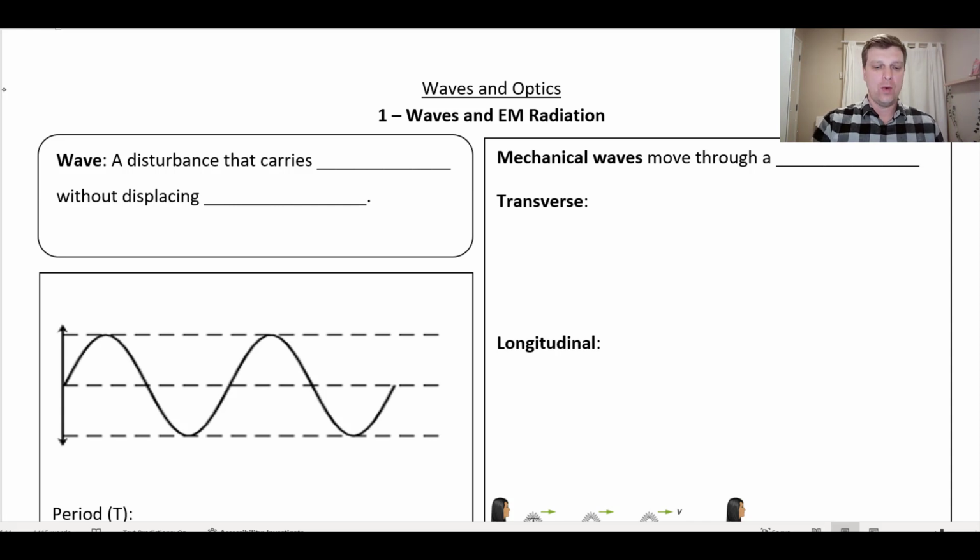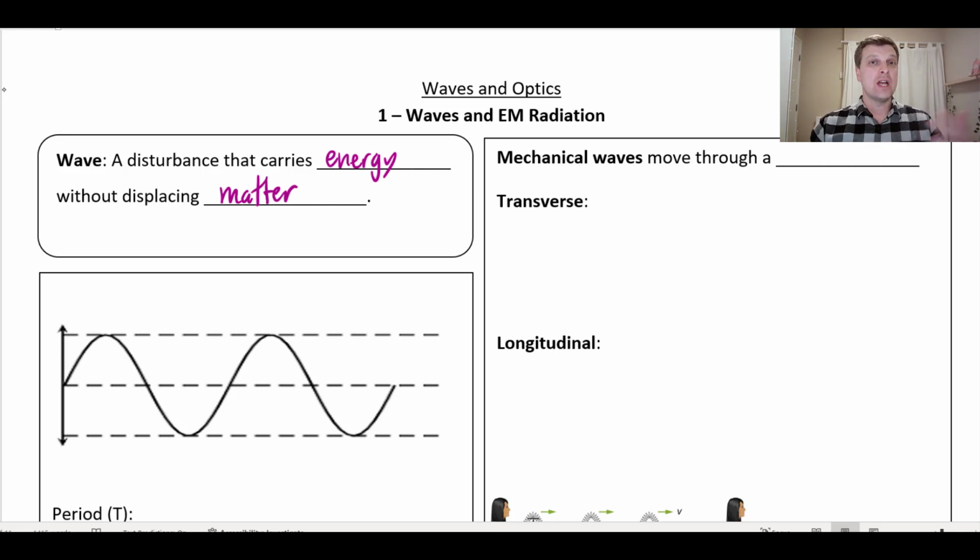Well, we could say that a wave is a disturbance that carries energy without displacing matter. Now you could picture water waves traveling in the ocean and crashing on the beach, and you might think, well, those are moving matter, and they do move matter around, but at the end of the day, after the wave has crashed on the beach and come back down, the matter hasn't really displaced, hasn't gotten anywhere.